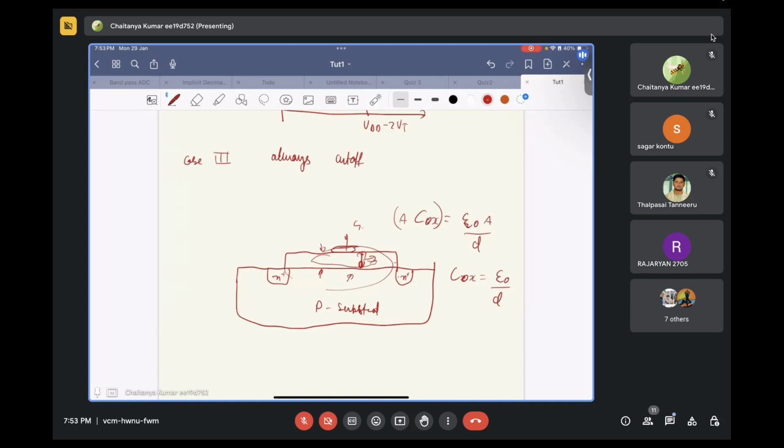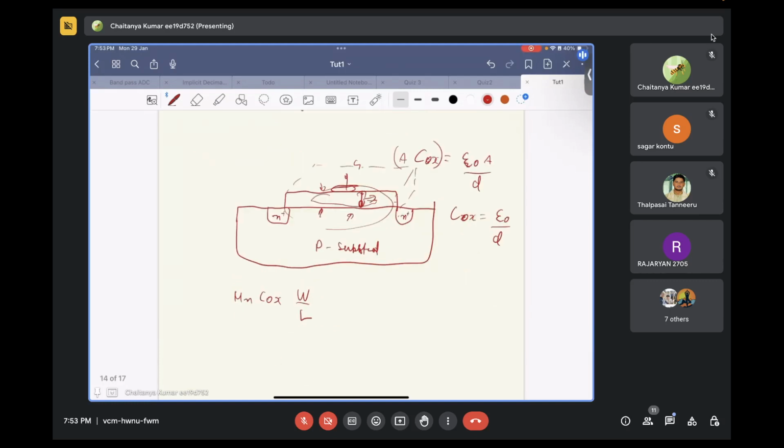All you can do is play with the width and length of the gate area that you have. So in this mu COX W by L, you can only play with W and L. You have no control over mu and COX.